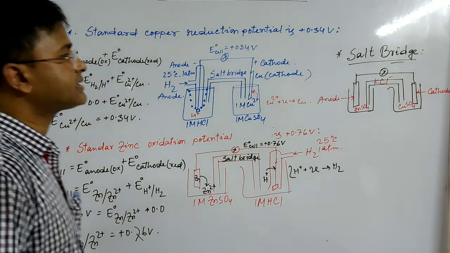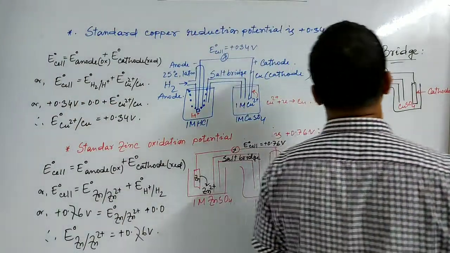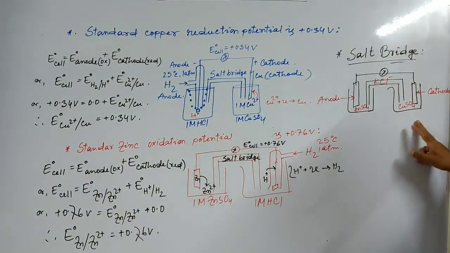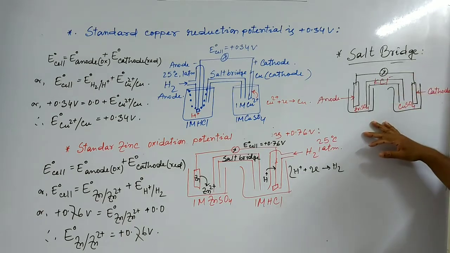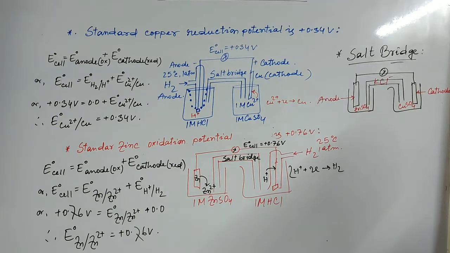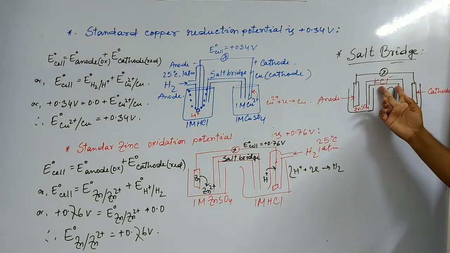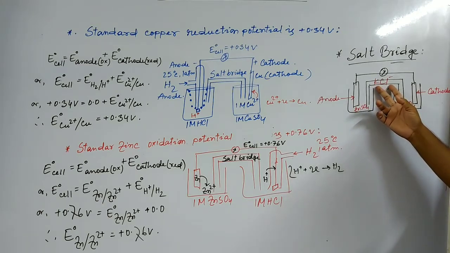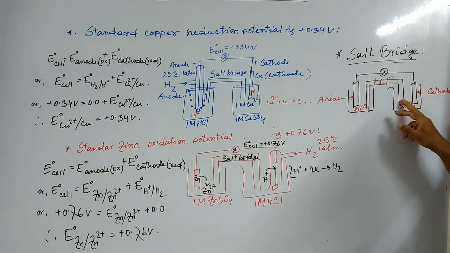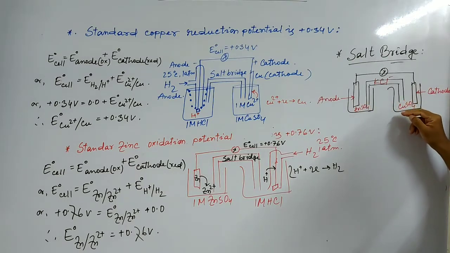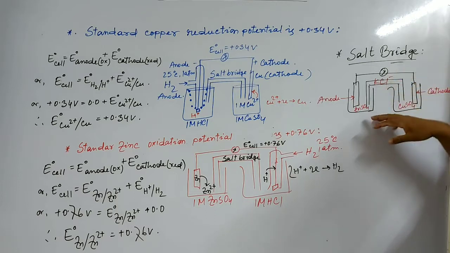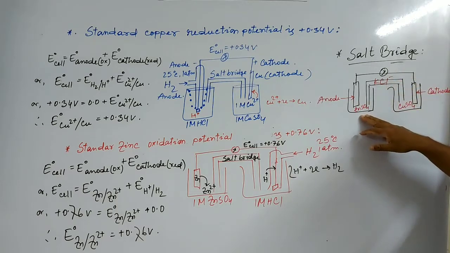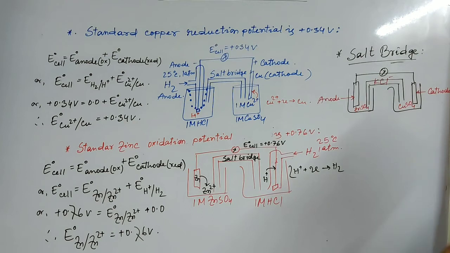Now my dear students, come to another important comprehensive type question: what is salt bridge and write the role of salt bridge in the galvanic cell. An inverted U-shaped glass tube contains the saturated solution of a special salt, both open sides of the glass tube are plugged by cotton or silica gel, and the glass tube is dipped in both of the solutions of the half cells.